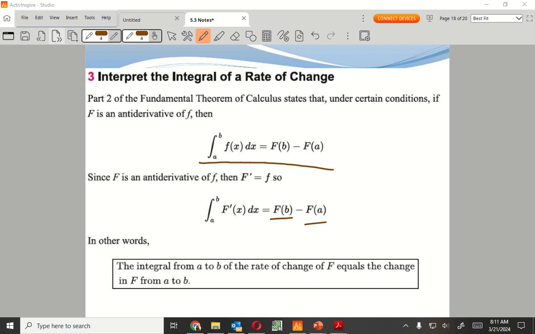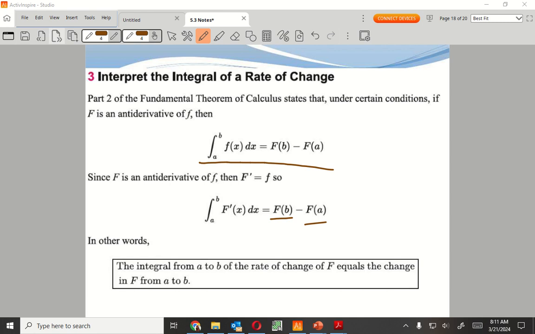that again. So the notation is super important here. If you see this right here with the capital F and the dash, that means it is the derivative of the integral. And so the integral of the derivative of the integral is just the integral.